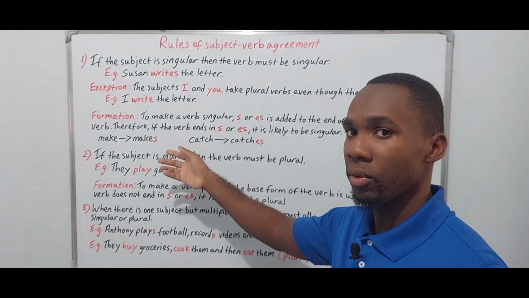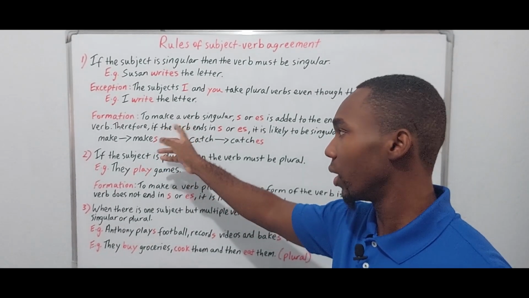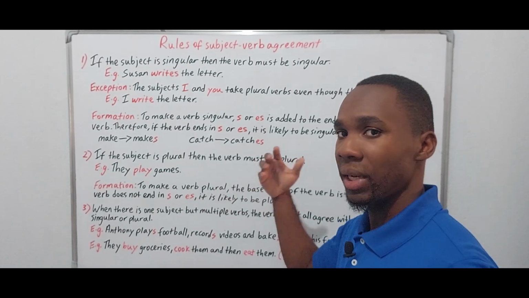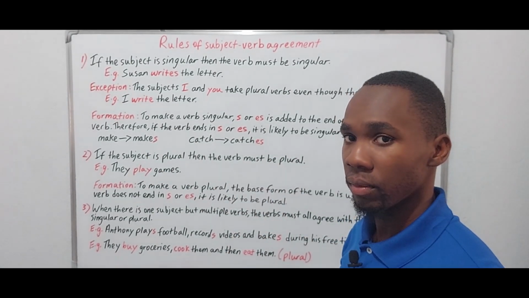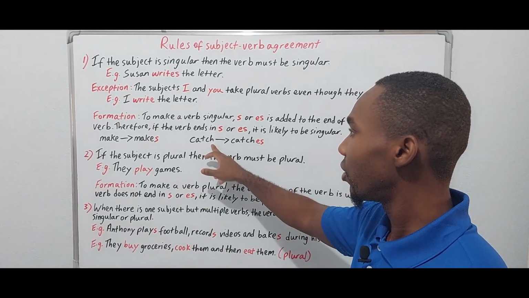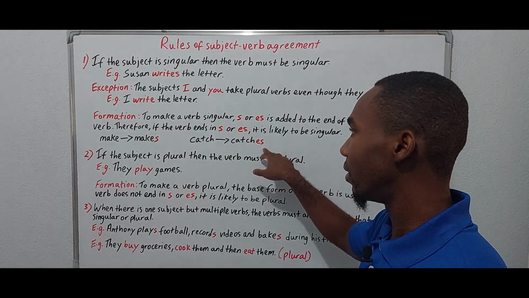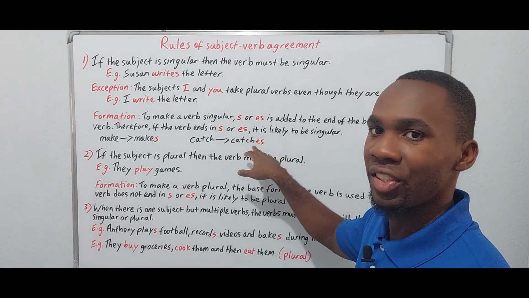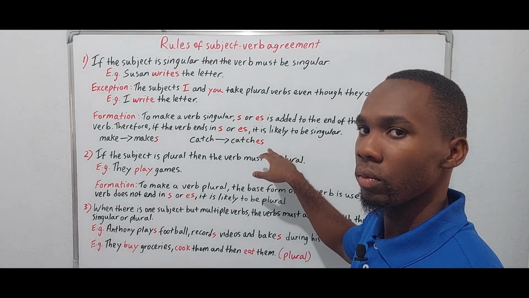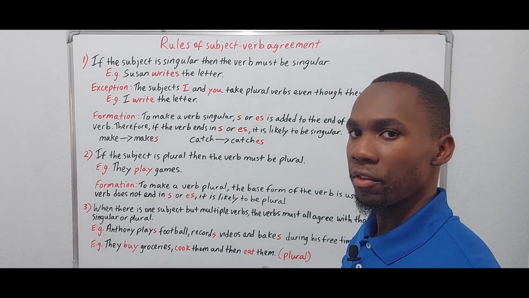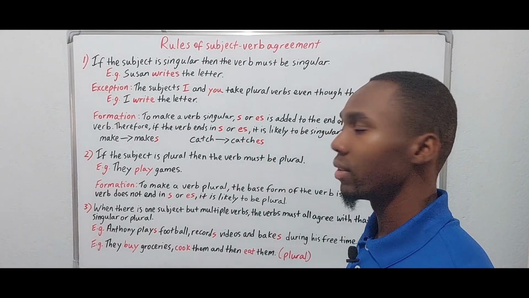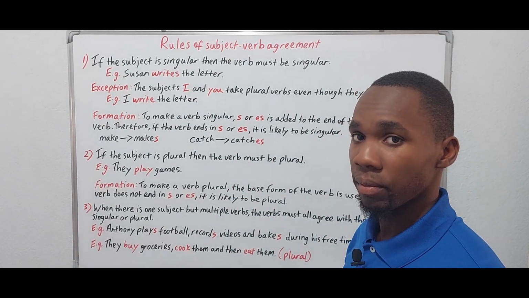So that would be an example of a verb that requires an s to be placed at the end so that it can be made singular. Okay? Catch becomes catches. It wouldn't be catch. No. Es. Okay? So if a verb ends in s or es, it is likely to be singular.